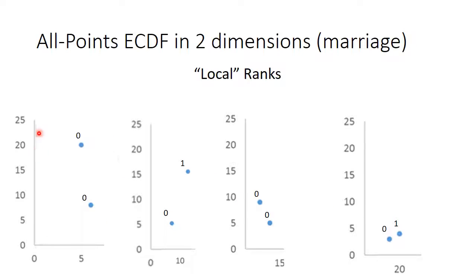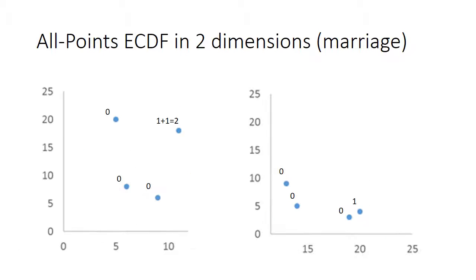But you can of course verify that these values look as you expect, that the point on the right is lower, so it's 0, and the points that are on the right and higher have a rank of 1 with respect to these local groupings. Of course, the rank of this point may or may not actually be 1 once all the merging is complete, but these are just local ranks.